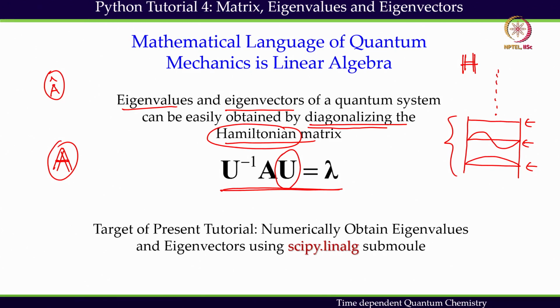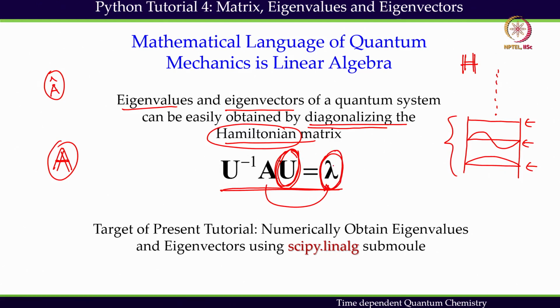The role of this unitary operator is that it transforms the matrix into a new diagonal form. In this diagonal form, the diagonal elements represent the eigenvalues of the matrix A, and the columns of the matrix U represent the eigenvectors of the matrix A. So, all eigenvectors will be clubbed inside this unitary matrix U, and the corresponding eigenvalues or eigenstate energies will be given in this diagonal matrix, which is lambda.